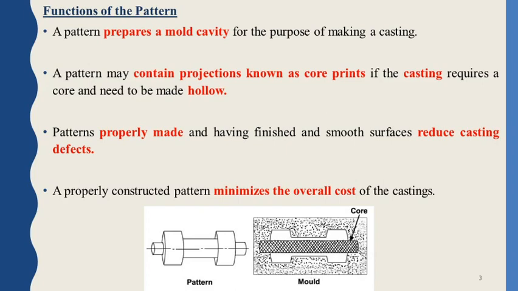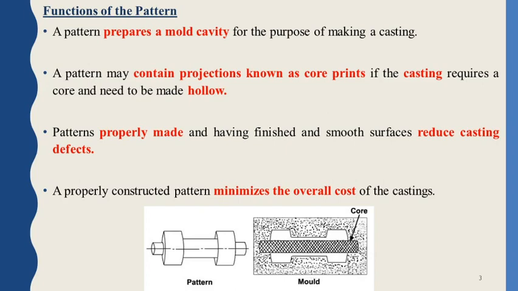The casting we require has a particular geometry as it is, and it requires a through hole through its center. So we will make that provision over the pattern. We'll make the inverse projection over the pattern. If we require a hole, we will create a projection over the pattern.